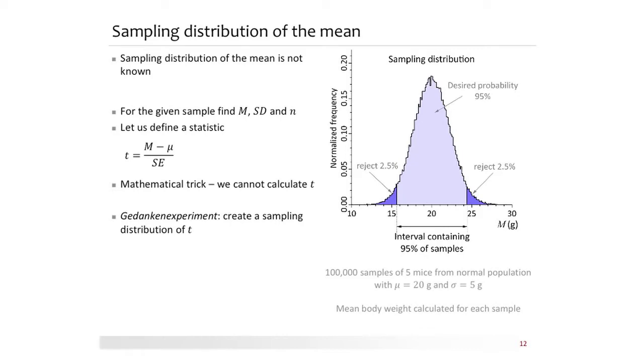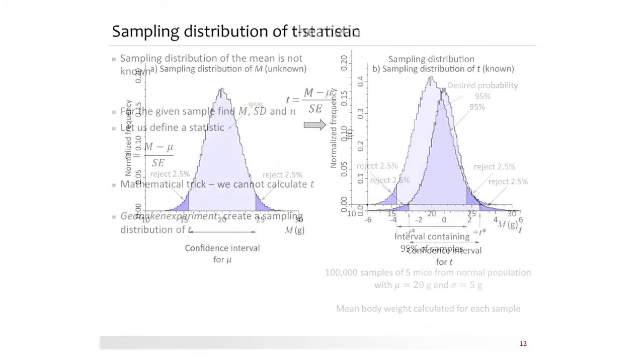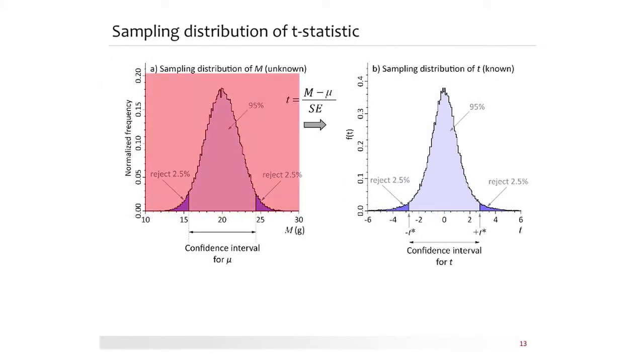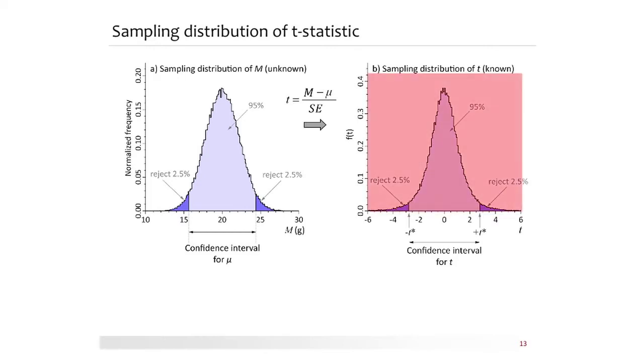So it's a sampling distribution. What you do, you take every sample from this distribution, and instead of plotting M or finding the distribution of M, you calculate T for every sample and build a distribution of T's. And it looks this way. And this distribution has some very interesting properties.